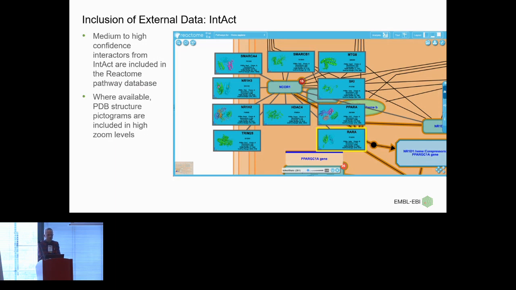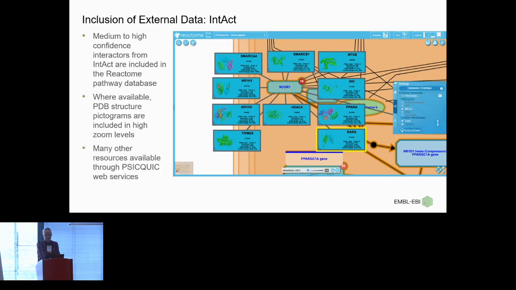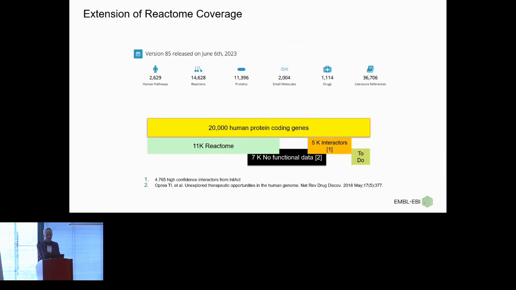It's integrated into the Reactome search, so you benefit from all the features of integration and a large increase in the coverage of Reactome, because if you assume there are around 20,000 human protein coding genes, 11,000 are annotated in Reactome.